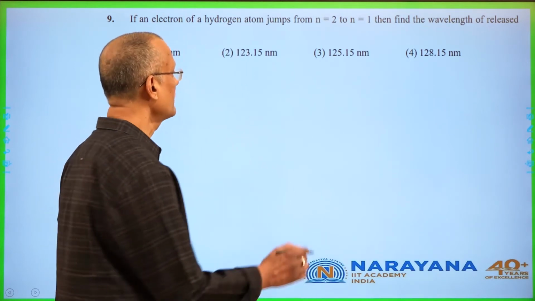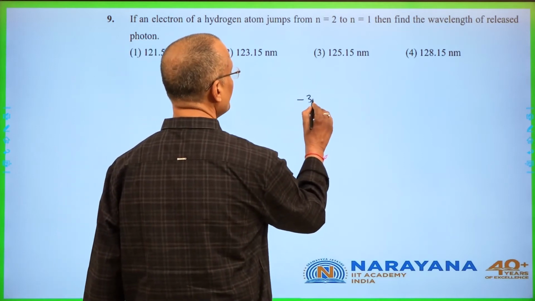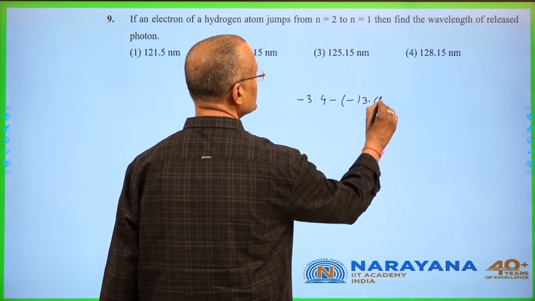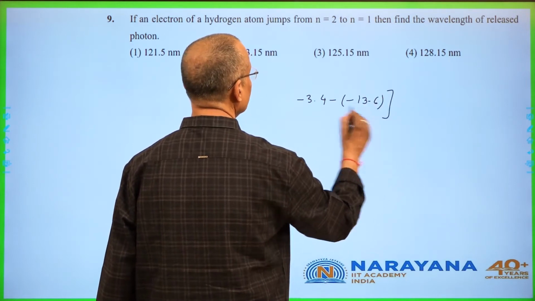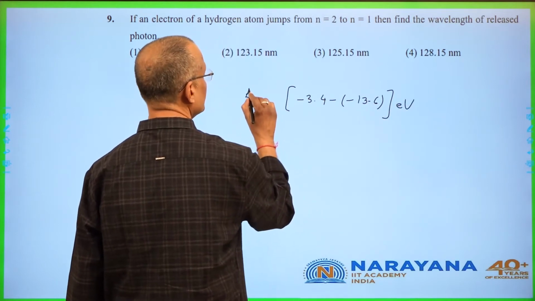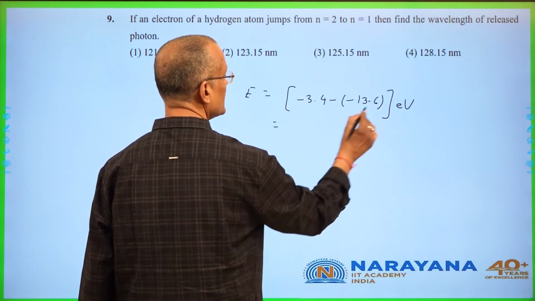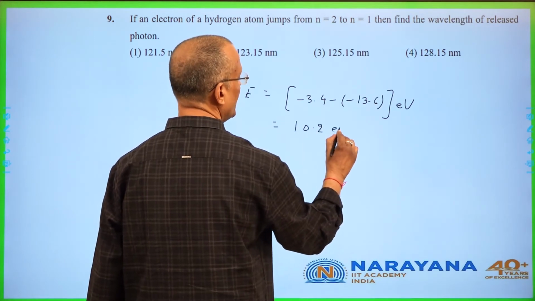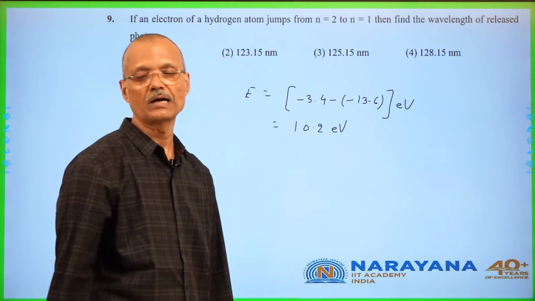So you have minus 3.4 minus of minus 13.6, so 10.2 electron volt energy is coming out.